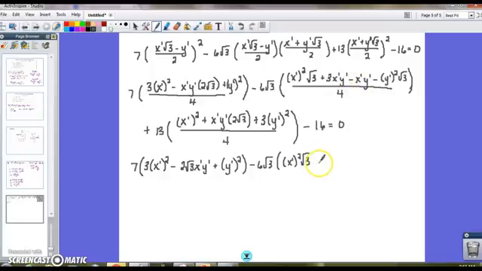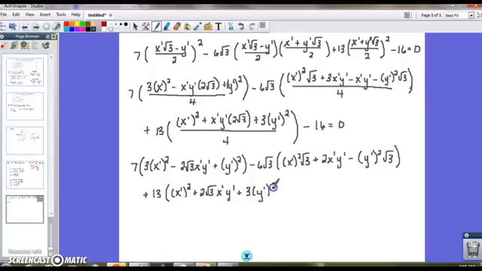I'm going to combine those two terms, so that gives me plus 2x prime y prime minus y prime squared root 3. Then plus 13 x prime squared plus 2 root 3 x prime y prime plus 3 y prime squared minus 64, because I have to multiply that by 4 as well. Okay, so that's a little bit cleaner. Still have a ways to go.